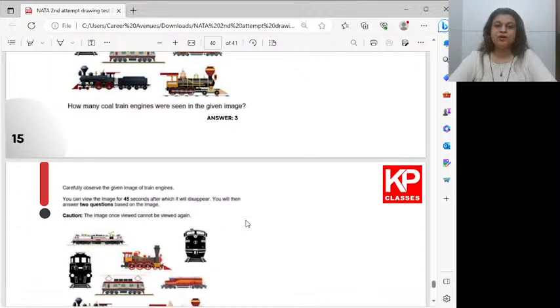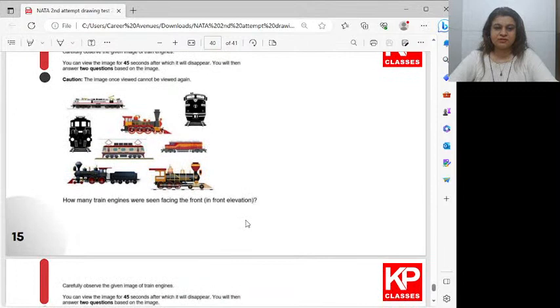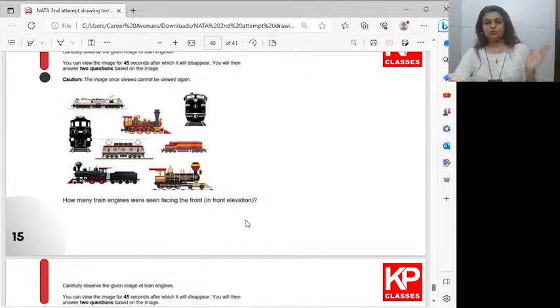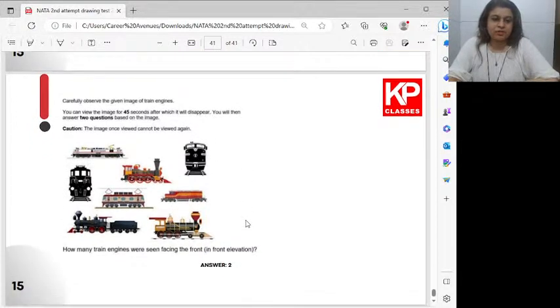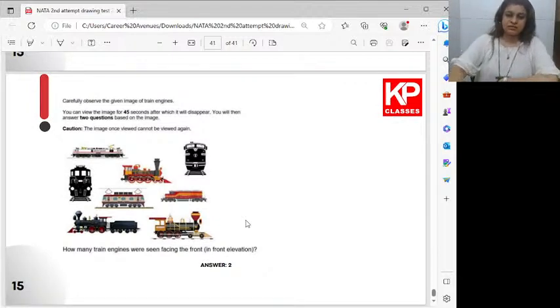Remember, they are asking you about the coal train engines. How many train engines were seen facing the front? In front elevation, so you really need to know about elevation and plan, and your isometric sketches, so that you can answer these questions appropriately. The answer is 2. There are 2 of those engines.